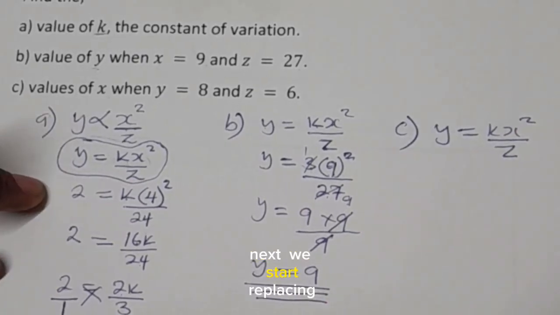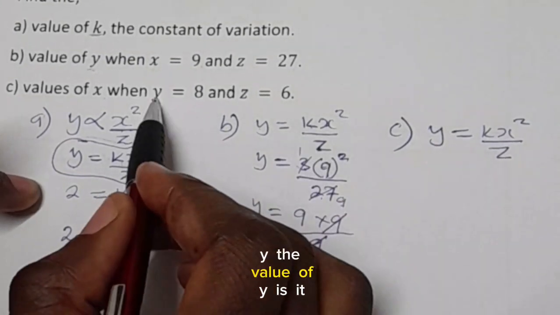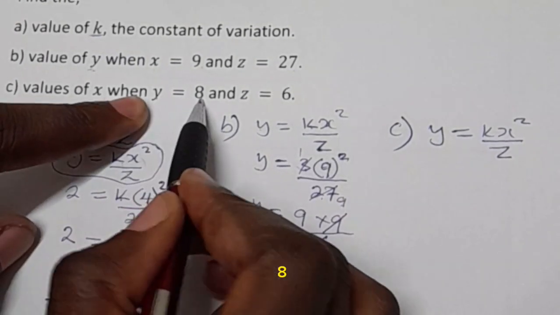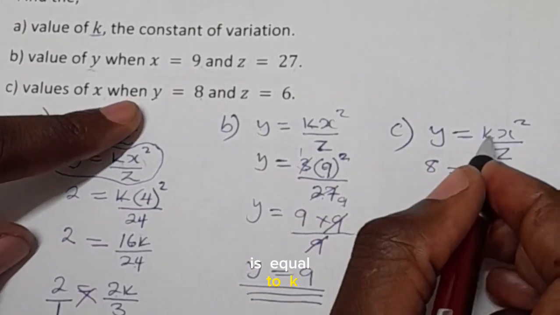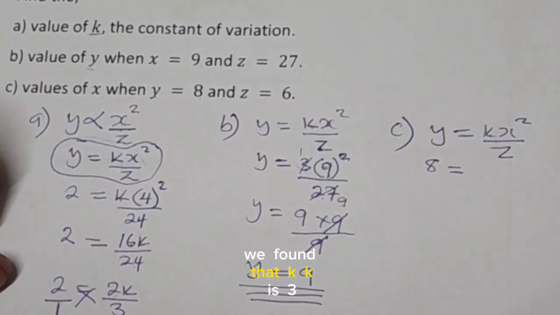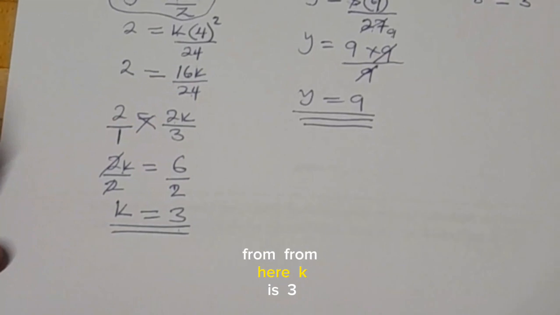So next we start replacing the values. The value of y is 8. So where there is y, we're going to put 8 is equal to k. We found that k is 3 from here.